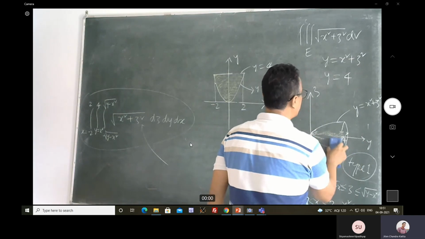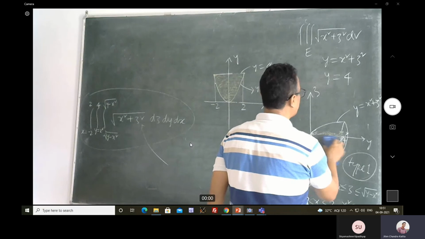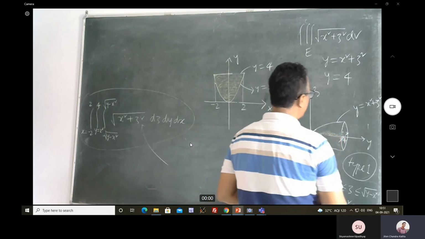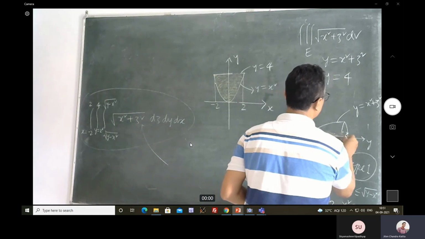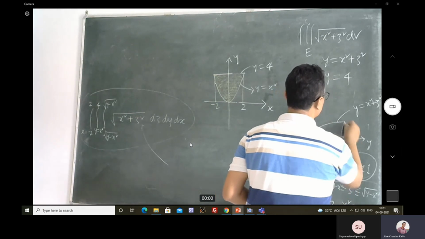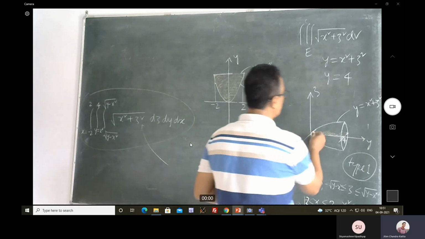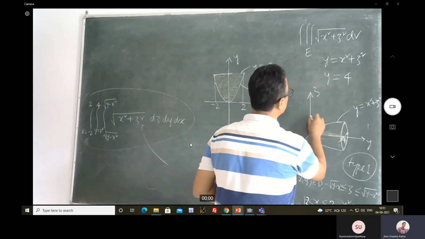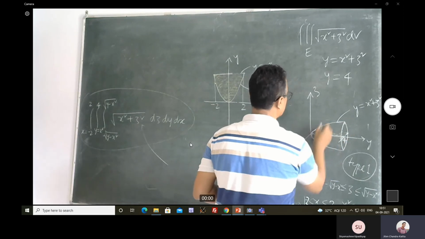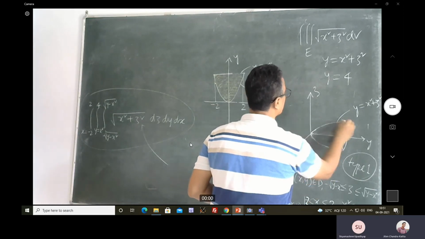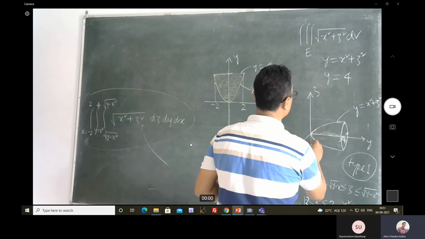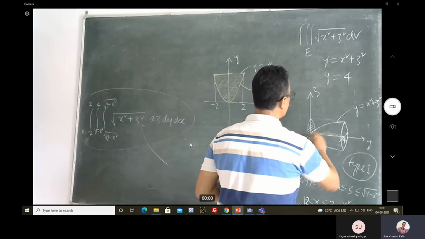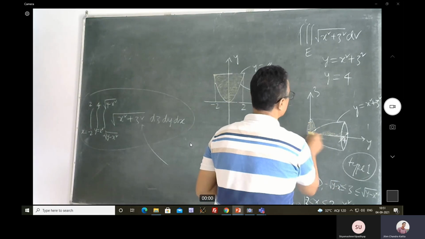So if I take the projection of this paraboloid over the xz plane, my job will be much easier. It is simply going to be this circle. So this is going to be my D.